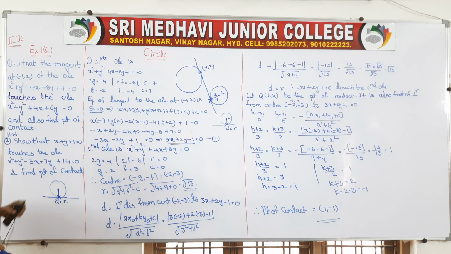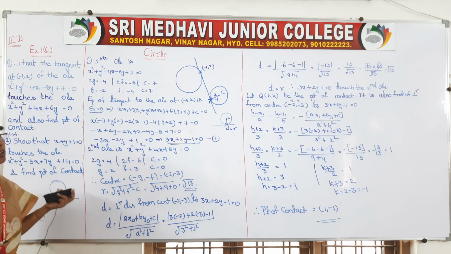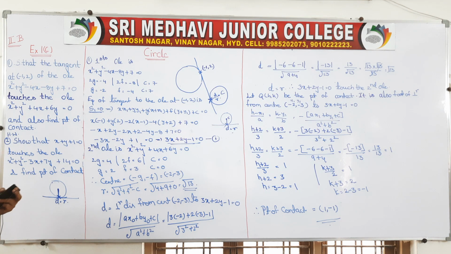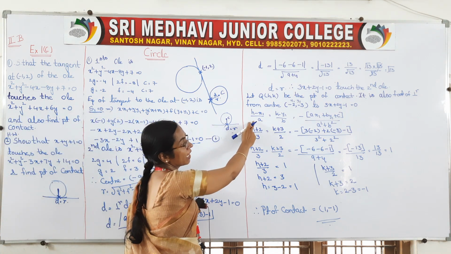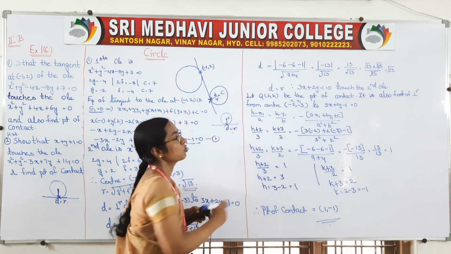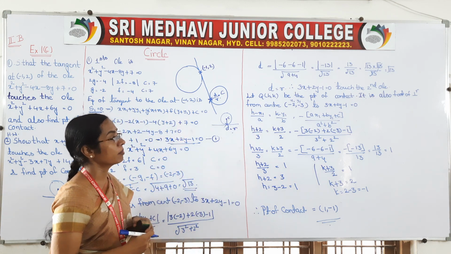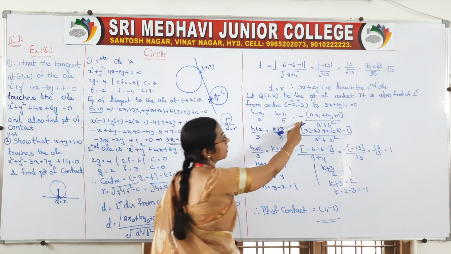Same procedure. You take Q(h, k) as the point of contact, right? At the same time it is the foot of the perpendicular from the center to this line. So by our first year theorem, if Q(h, k) is the foot of the perpendicular from (x1, y1) to the line ax plus by plus c is equal to 0, then we write this theorem: (h minus x1) by a is equal to (k minus y1) by b is equal to this one.